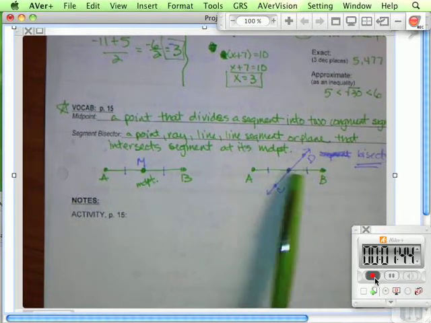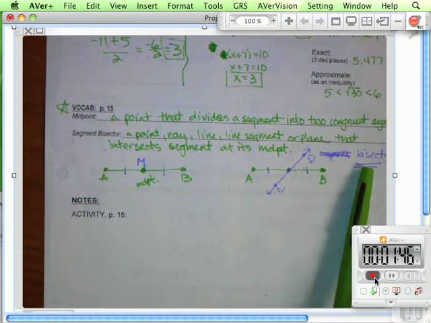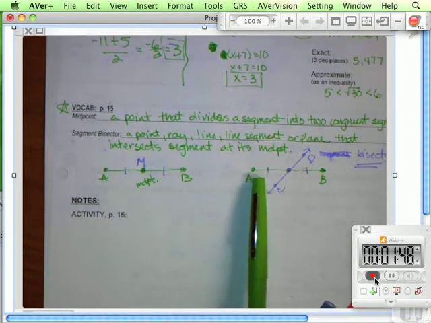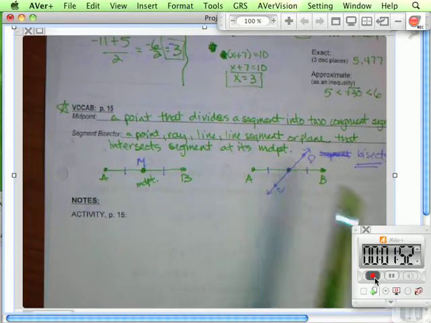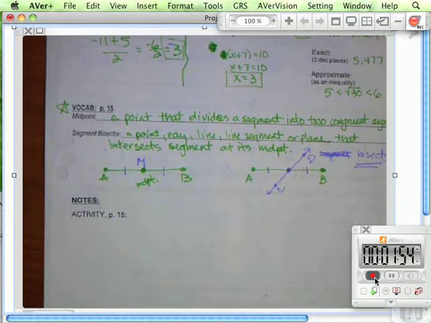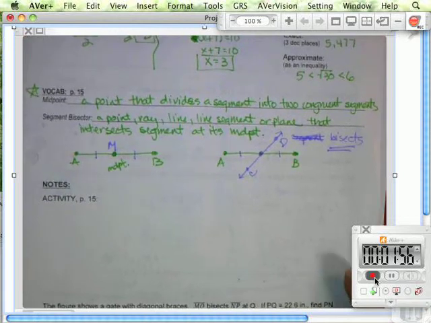If it says that this line bisects segment AB, then you can know for sure that this segment here and this segment here are congruent. So the wording is important. If it says segment BC bisects segment CD, then you know that it cuts it exactly in half.